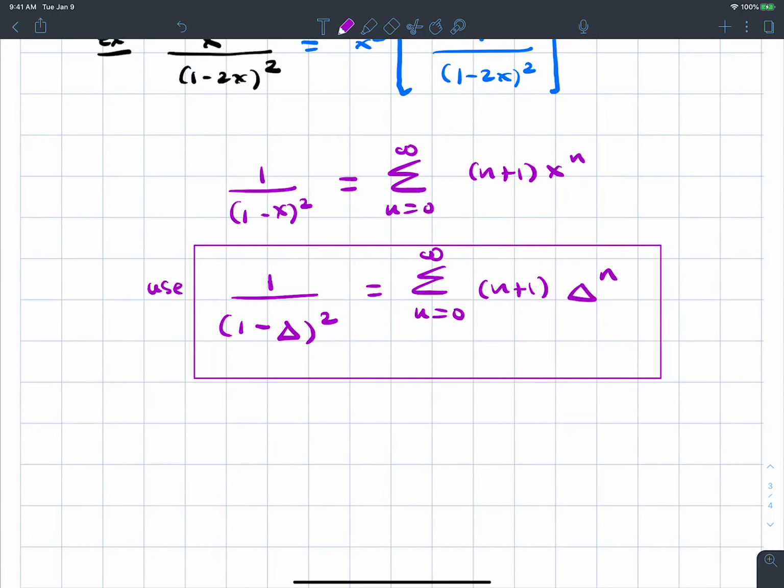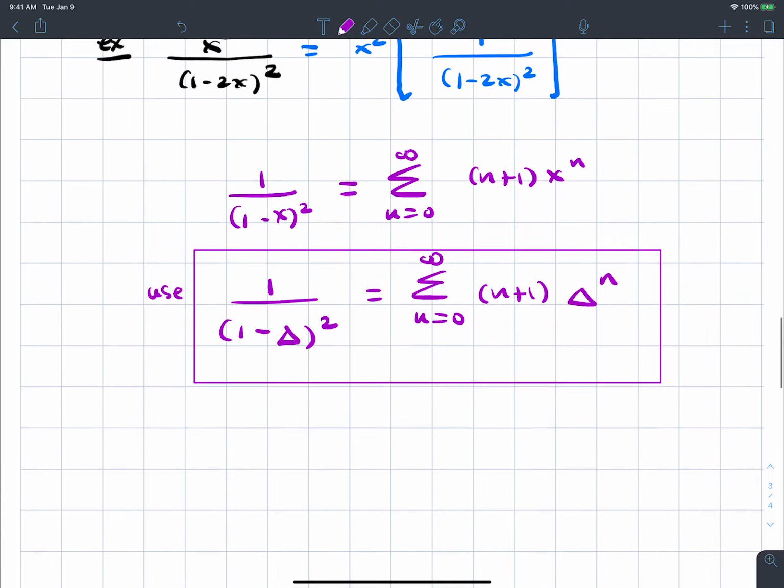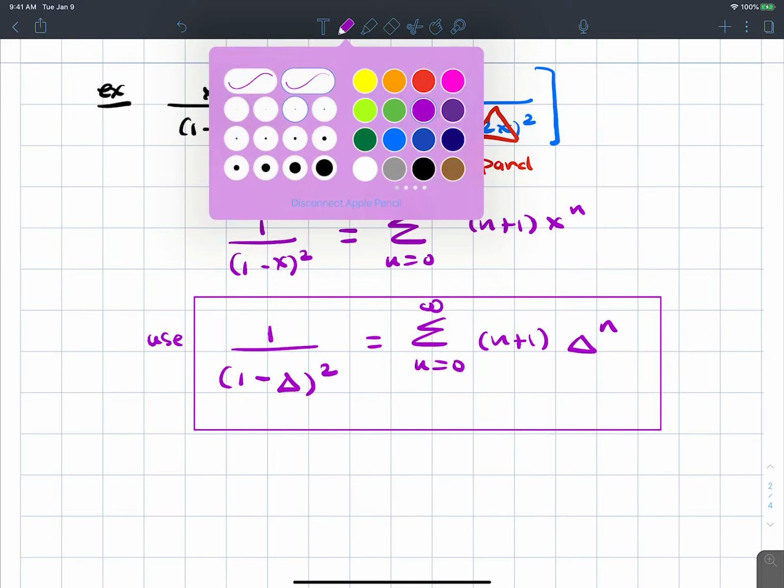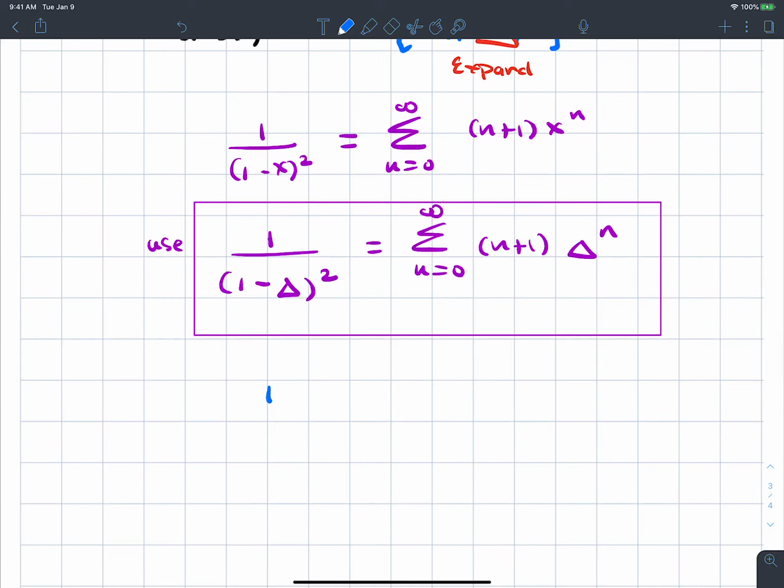Because we know how to handle this situation from this morning, we're going to expand as a power series what you see here. And what's in my triangle now is simply 2x. So 1 over (1 minus 2x) squared is simply the sum, n is 0, of n plus 1 times 2x to the nth power.